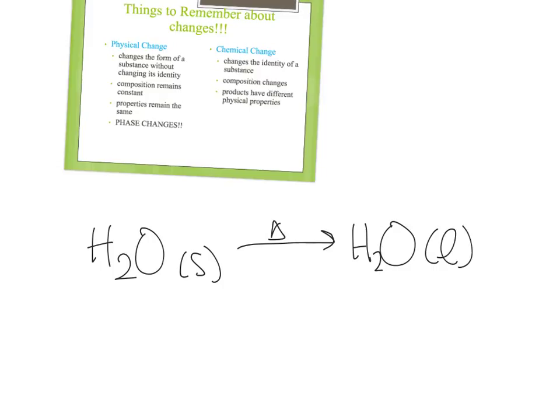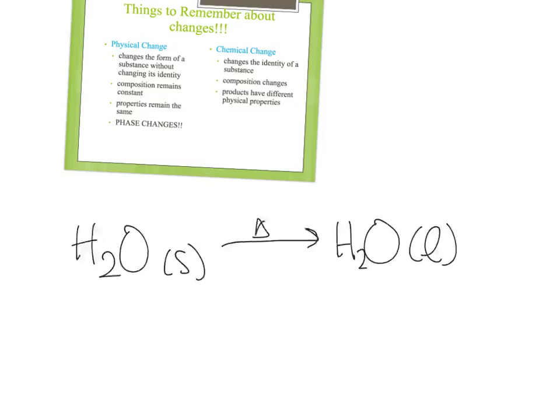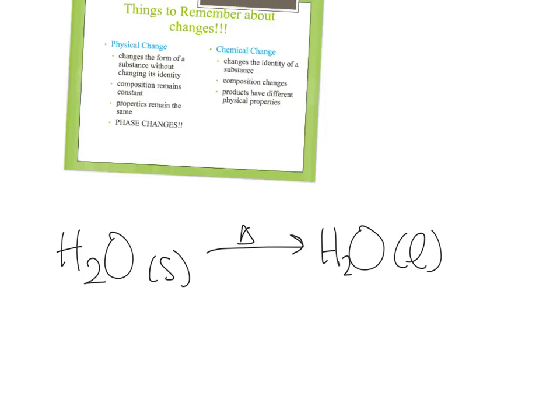I still have the same chemical components. I have 2 hydrogens and 1 oxygen. 2 hydrogens and 1 oxygen. It's the same thing. So a lot of times when you're thinking of physical changes, just remind yourself that physical changes most often are going to end up being phase changes.